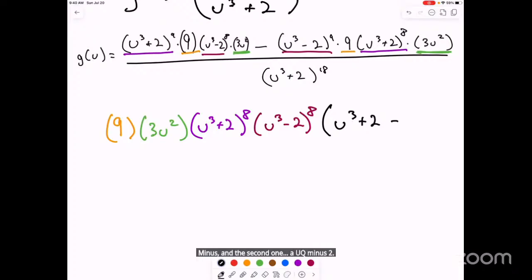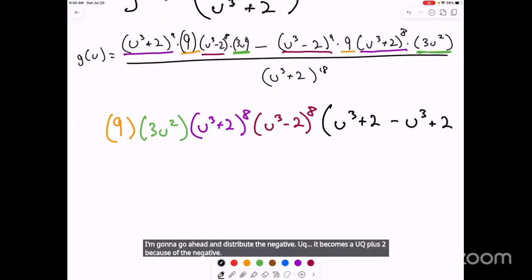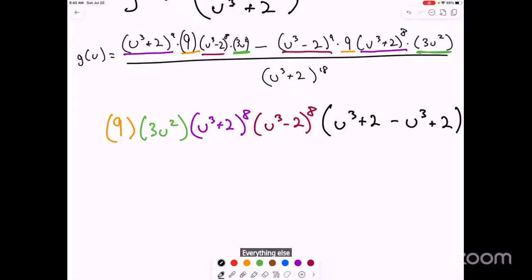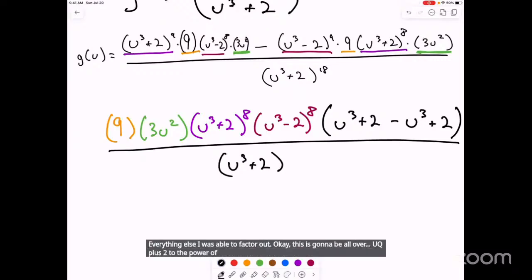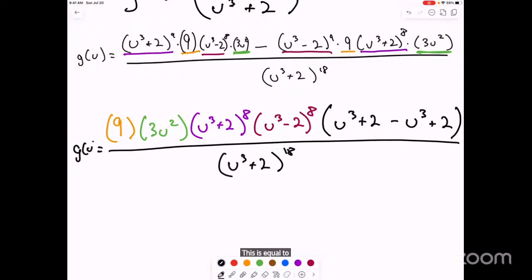I'm going to go ahead and distribute the negative. U cubed becomes a u cubed plus 2 because of the negative. Everything else I was able to factor out. And this is going to be all over u cubed plus 2 to the power of 18. This is equal to g.